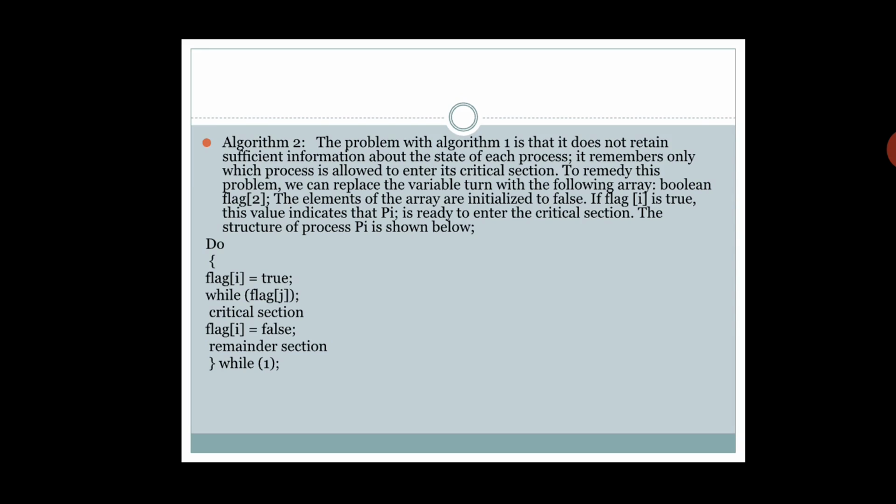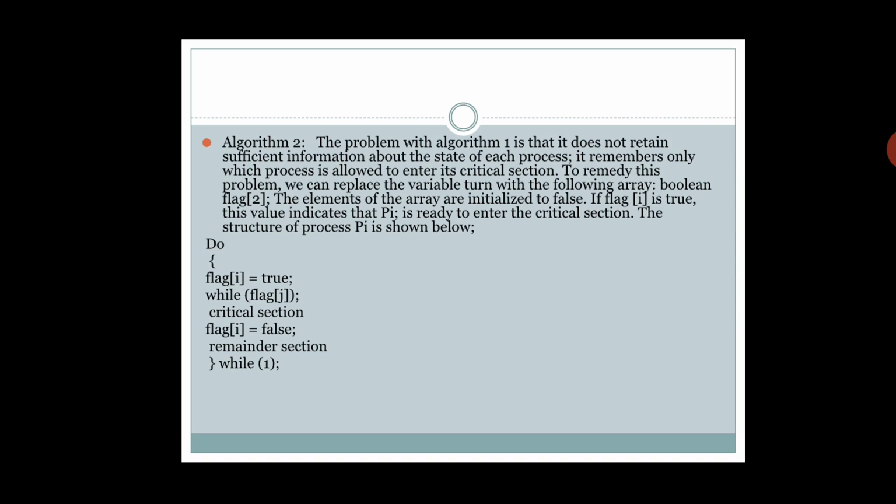The remedy for this problem: we can replace the variable turn with the following array. Boolean flag equal to, so now they have talked about a flag variable, a flag array. It is nothing but the turn array. Everything is fine, you can give any variable name, but ultimately it is something like an identifier, based on which we can take some appropriate decision. That is the deal.